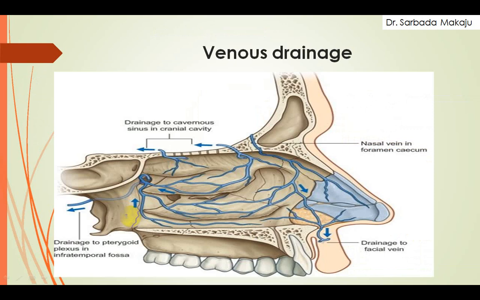Now the venous drainage. It is drained through the anterior ethmoidal vein and the posterior ethmoidal vein, which drain directly into the cavernous sinus. Now the sphenopalatine vein directly drains into the pterygoid plexus, which is present in the infratemporal fossa.